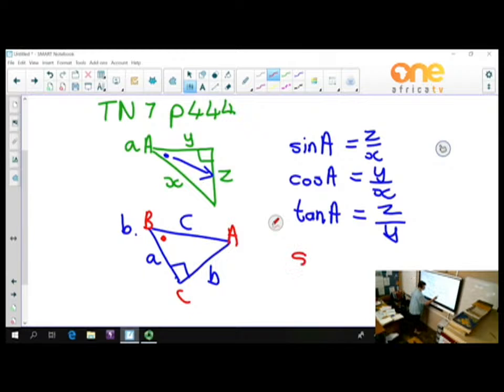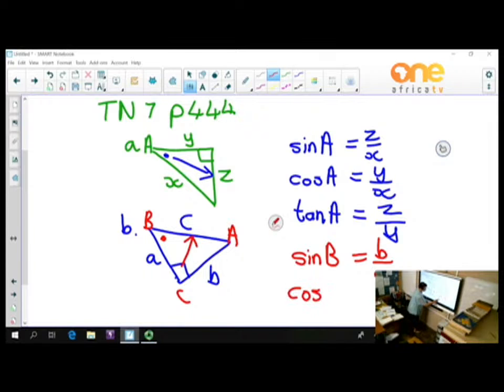So now we have to find sine B. So what will sine B be? Remember, this one is the hypotenuse. This one is opposite the 90 degrees. Sine B will be opposite over hypotenuse. So it's b over c.